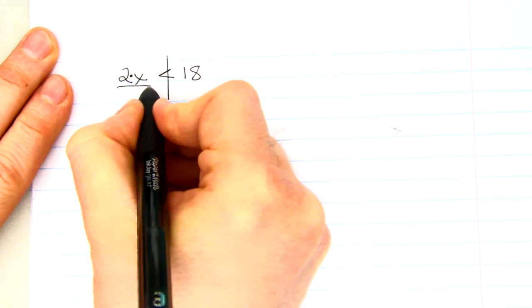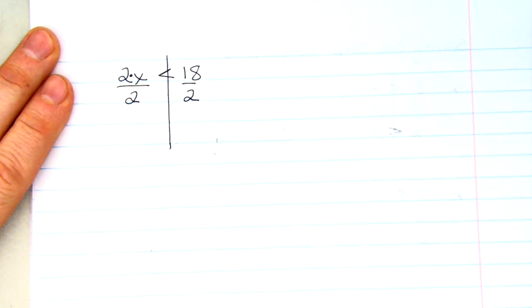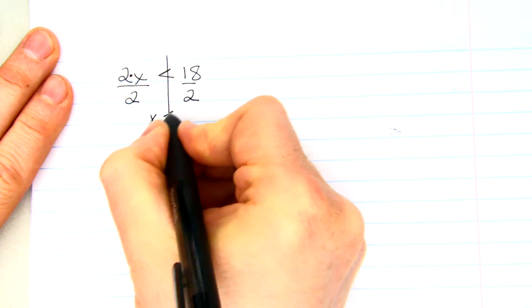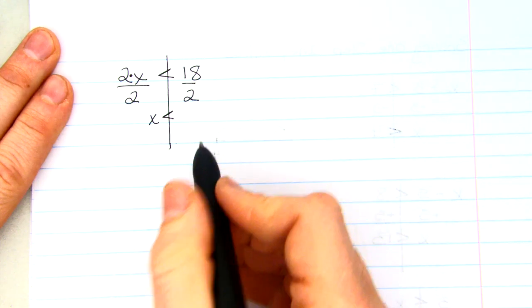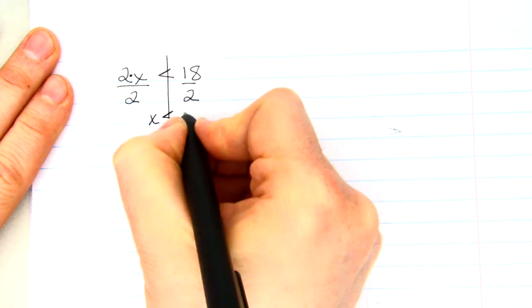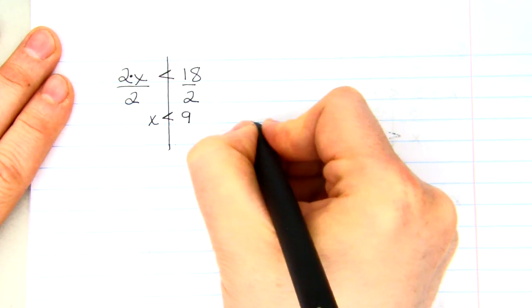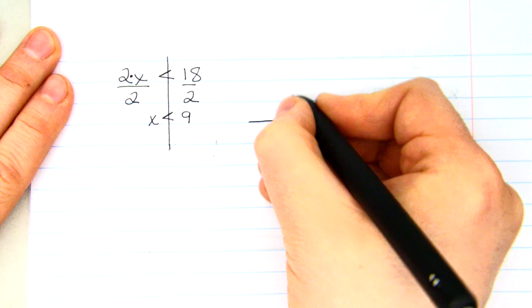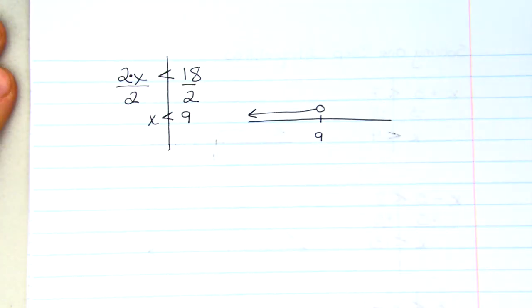I'm going to divide both sides of my inequality by 2. When I do that, I'm going to get an x on the left side, because those 2's cancel each other out, less than, well, 18 divided by 2, use the calculator, that's going to give you 9. Number line with a tick mark at 9, open circle, and I'm going to point that way.